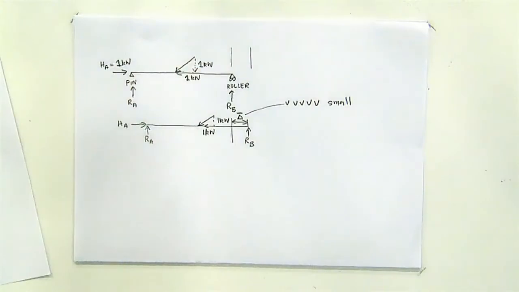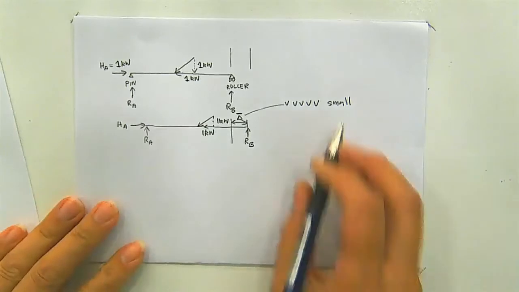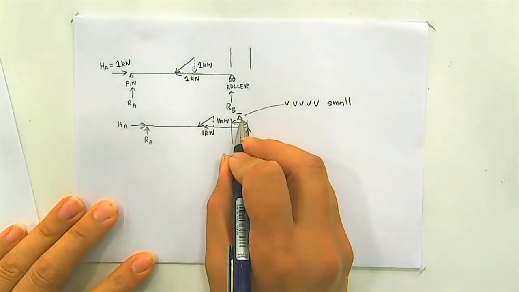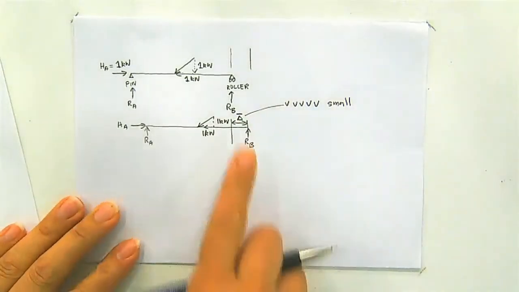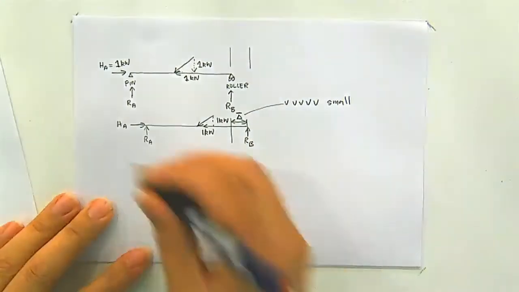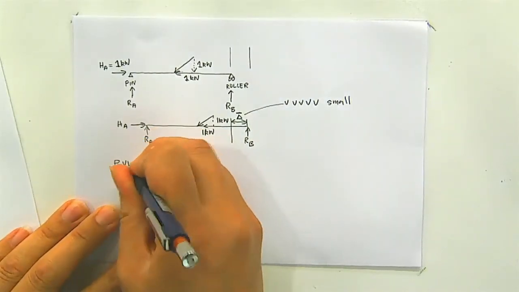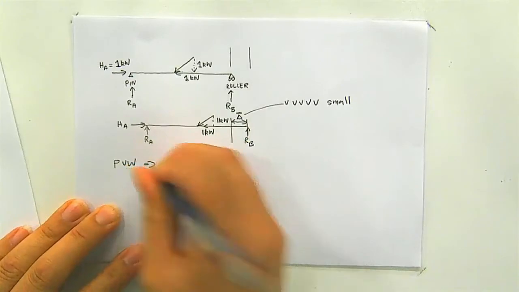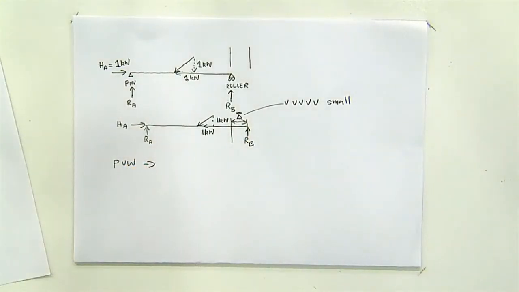Let's apply the principle of virtual work for a rigid body in equilibrium under the action of concurrent forces. We've applied a rigid body displacement of delta, or a virtual displacement of delta. Let's say how much work each of the forces has done.